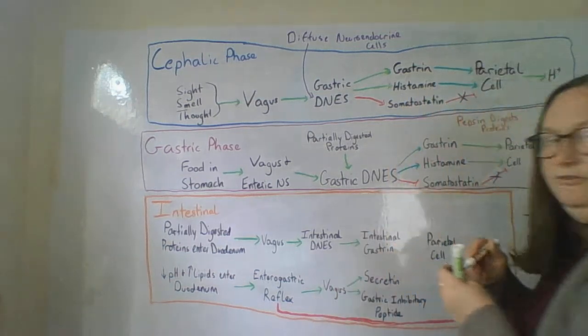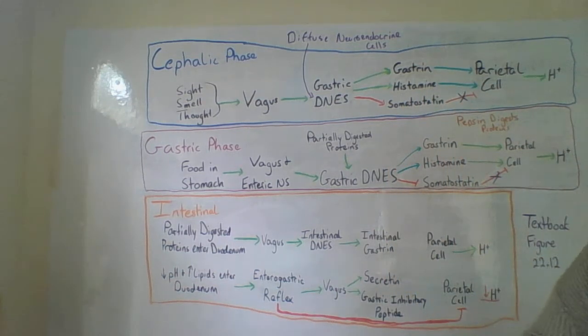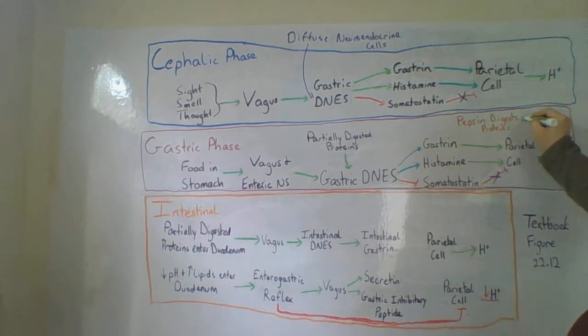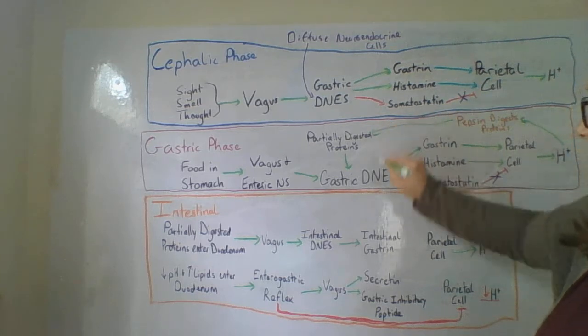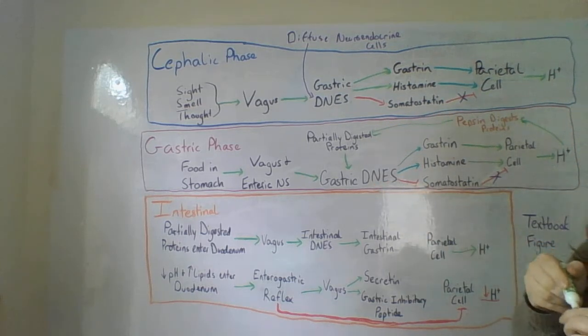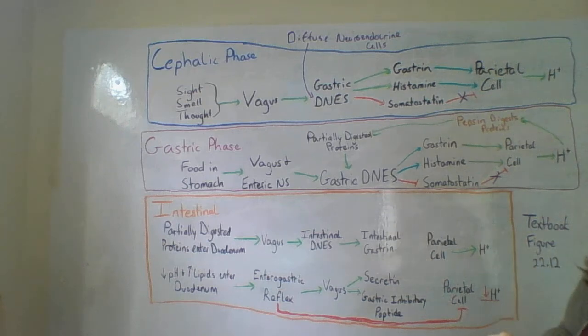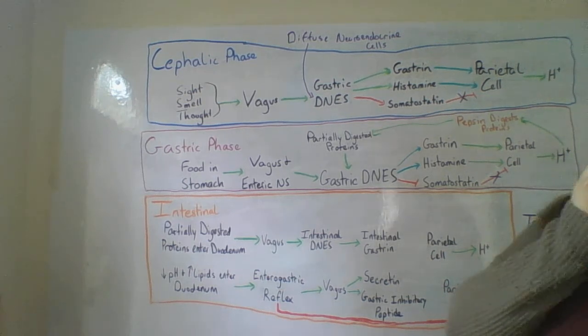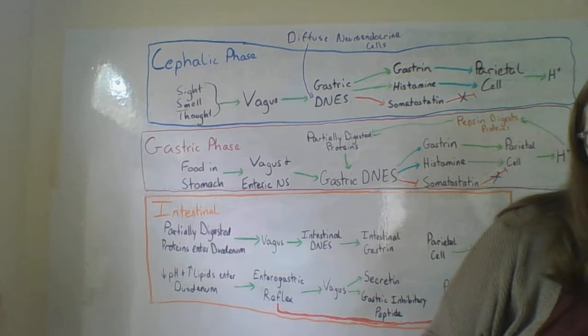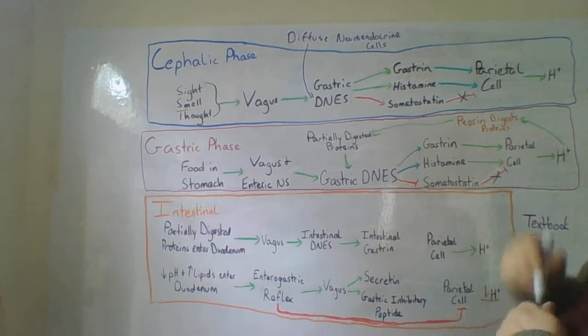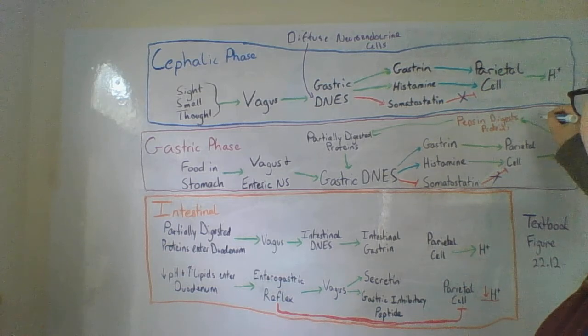So the more hydrogen ions you have, the more activated pepsin you have, the more proteins are getting digested, which means the more you're going to activate the gastric diffuse neuroendocrine cells. What kind of feedback is this? What is that, positive feedback?